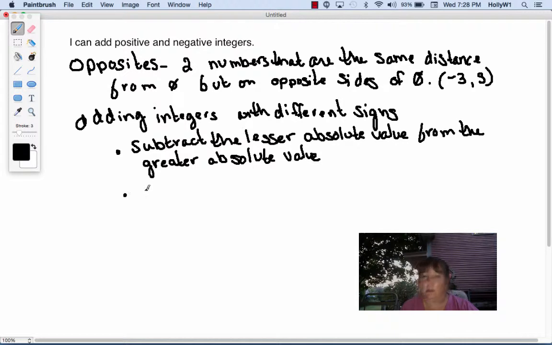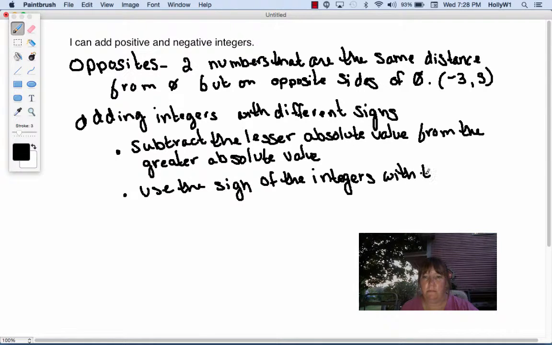And then you use the sign of the integer with the greatest absolute value.